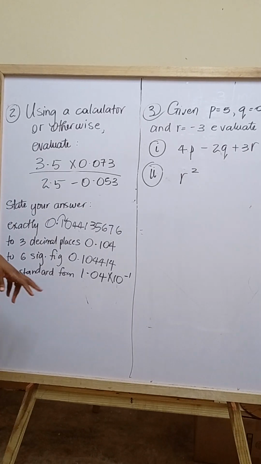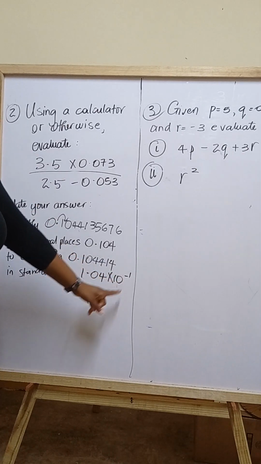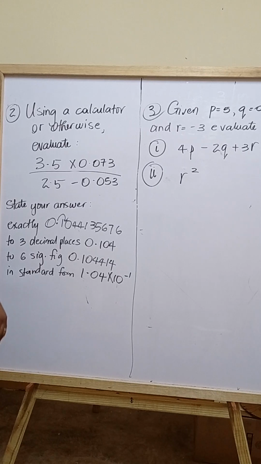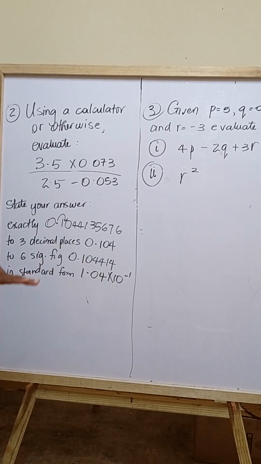Why is it negative 1? Because we moved one place to the right. If we had to move 2 places to the left, the power would be a positive 2. So when you move the point to the right, the power of 10 will be negative. If you have to move the point to the left, the power of 10 would be positive.